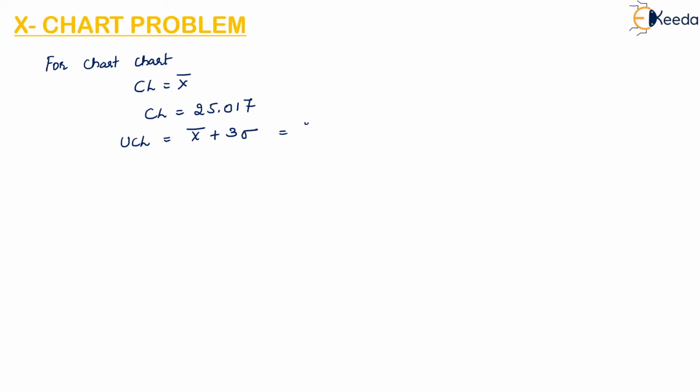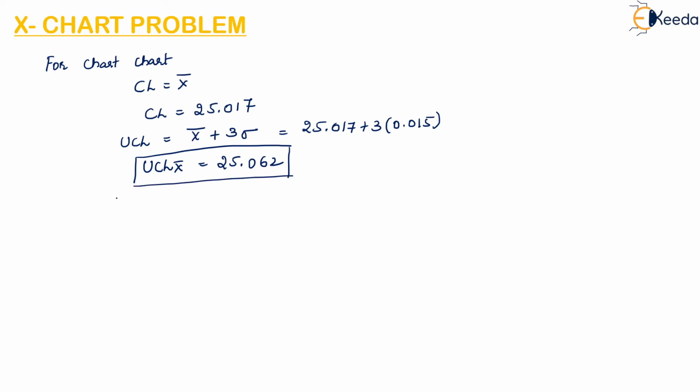So that is equals to 25.017 plus 3 into 0.015. So the upper control limit for x bar is 25.062. So this is the upper control limit which we are calculating using this formula.